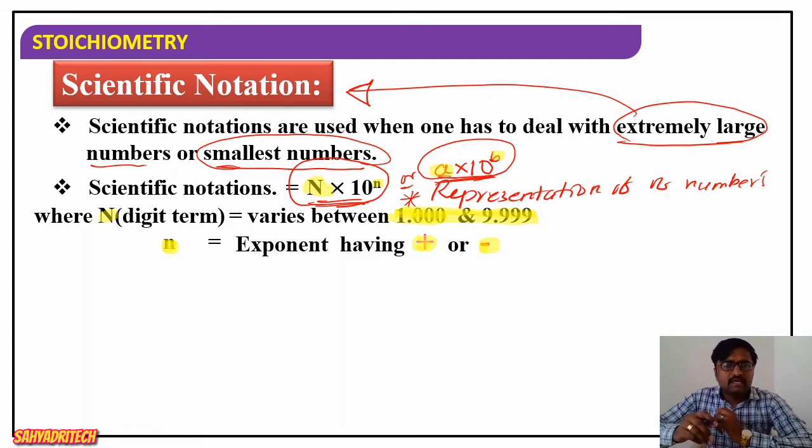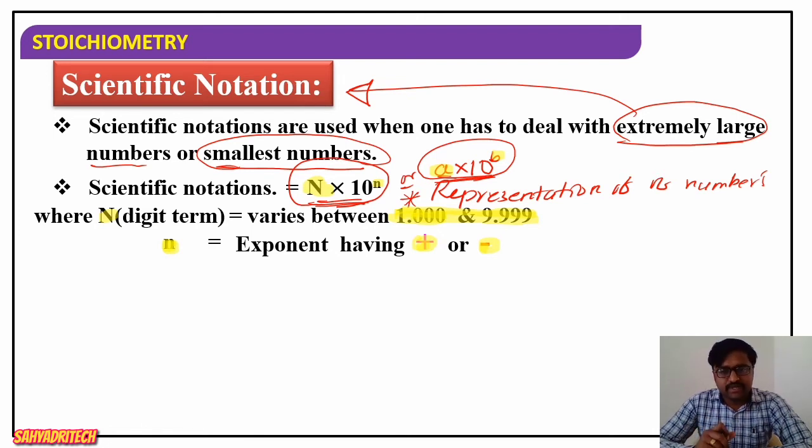So remember, if you consider scientific notation, the first thing should be clear here. When one has to deal with extremely large numbers or smallest numbers, it is necessary to go for scientific notation. Well, what is scientific notation? It is the representation of a number in the form of N into 10 raised to n, or else a into 10 raised to b.